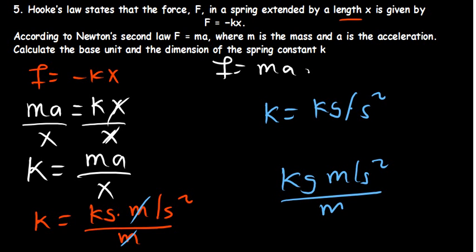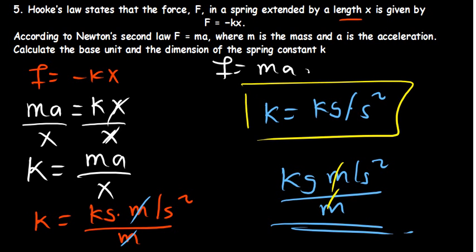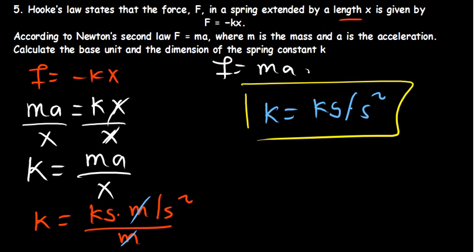You can also leave the answer there, but since you can cancel m, that's why I've just left the answer here. Sometimes you can leave the answer in the form of k equal to kg times second to the power negative 2, meaning m has been removed. So this or that is correct.